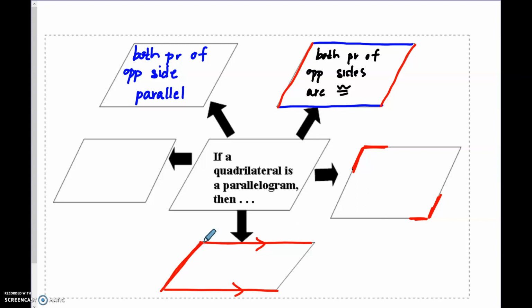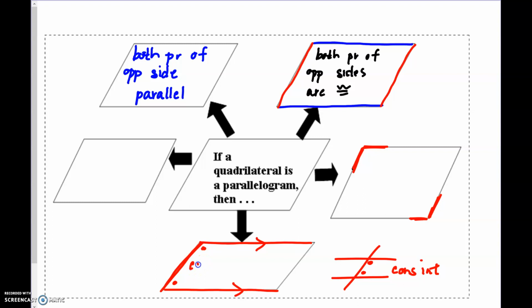What did we review yesterday about parallel lines? And what did we find out about this angle and this angle? We called them consecutive interiors. So this angle and this angle are consecutive interiors.